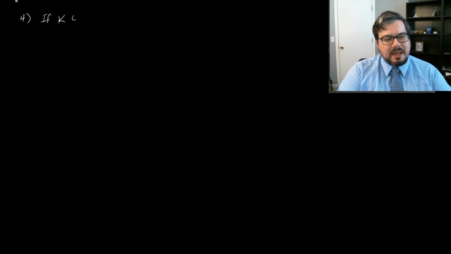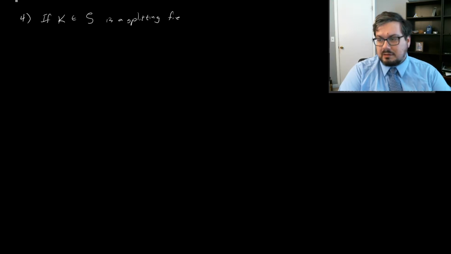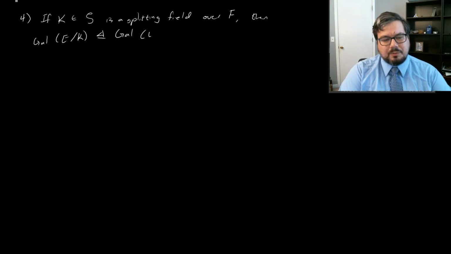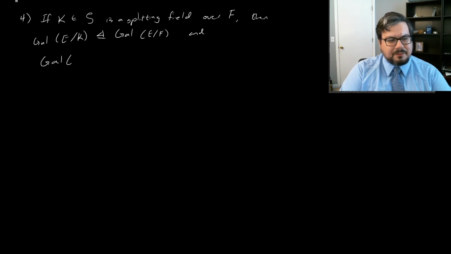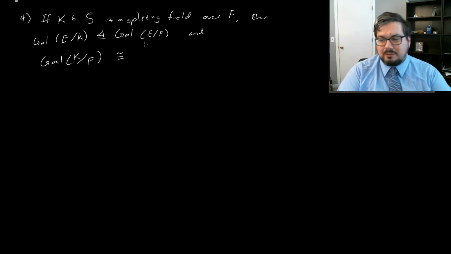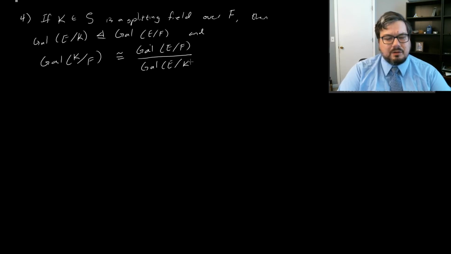And it says that if K contained in E is a splitting field over F, then the Galois group of E over K is a normal subgroup of the Galois group of E over F, and that means that we can take their factor group, and in fact their factor group is going to be isomorphic to the Galois group of K over F. So the Galois group of K over F is isomorphic to the Galois group of E over F modulo the Galois group of E over K.